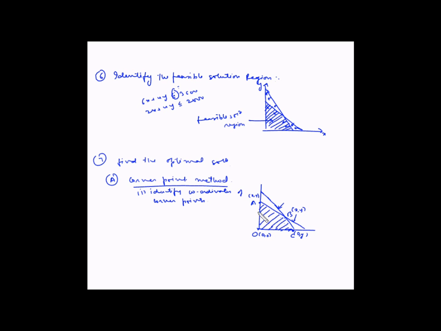So once you have identified the coordinates of these corner points, the second step would be to solve the objective function with the values of x and y for each of the corner points.